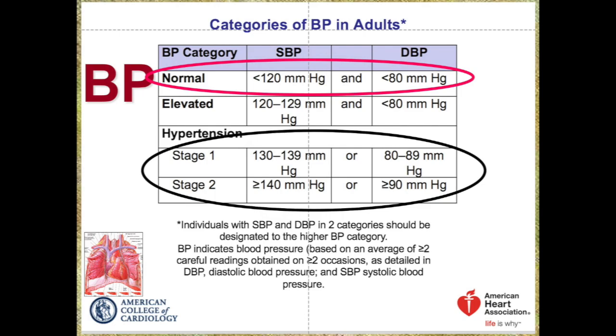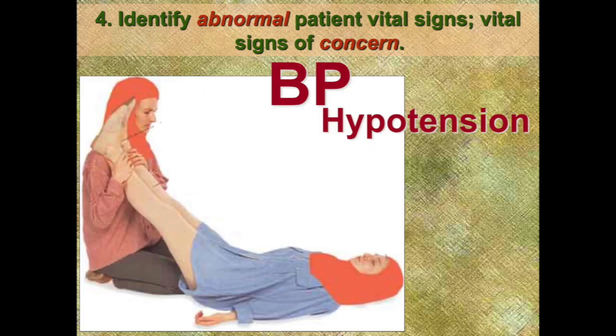Now, some patients are going to come in nervous, but if they've not taken their blood pressure medications and they've got a blood pressure of, say, 199 over 102 or 140 or something on this order, we're going to be really worried about that. And I would cancel the patient that day. There's no way I would treat somebody with a blood pressure like that. Then a drop in blood pressure is hypotension. A lot of times the patient will faint or pass out.